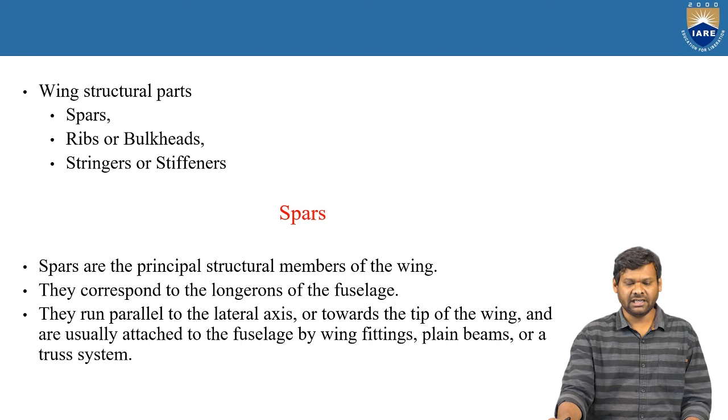They run parallel to the lateral axis or towards the tip of the wing and are usually attached to the fuselage by wing fittings, plane beams, or a truss type. I'm not going to discuss the wing fittings and plane beams or other types of things. Accept it for granted, these spars are attached to the fuselage.